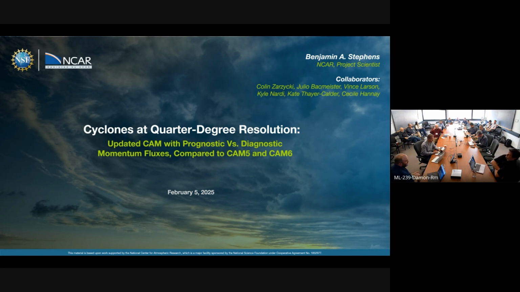They're 10-year experiments. The main two we're going to look at are one with the old diagnostic momentum flux scheme in CLUBB, and the new one has the new prognostic momentum flux scheme turned on. These are expensive simulations, so we haven't done any tuning, we're just turning those momentum fluxes on and off. So I'll talk about what that's doing with respect to cyclones.